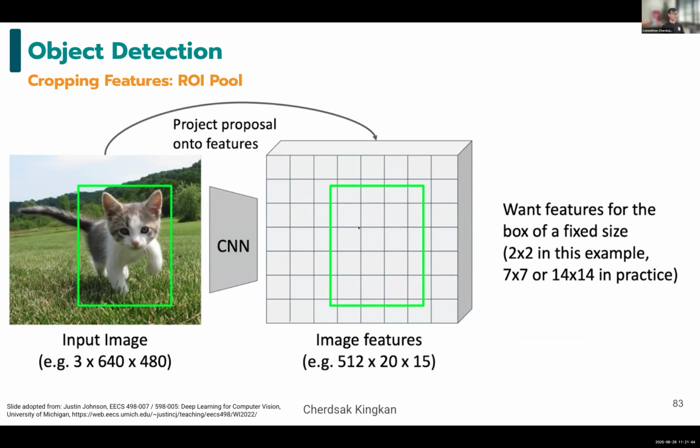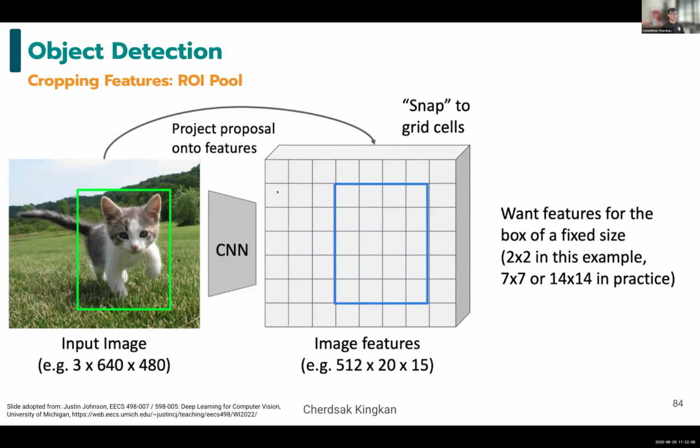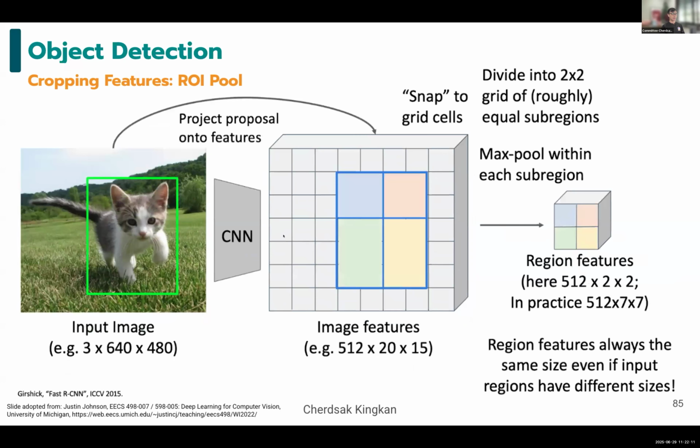The first thing we need to do is project the proposals onto the features in this area. When you project this box from the input coordinates into the image features coordinates, it might not perfectly align with the grid. So what you do next is you snap it to the grid.